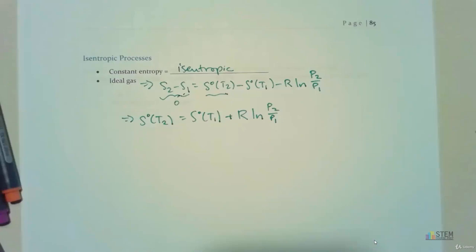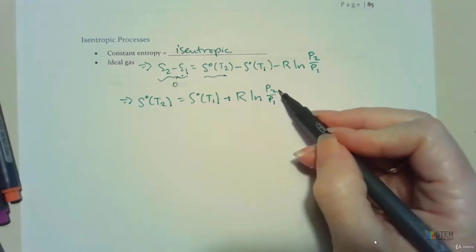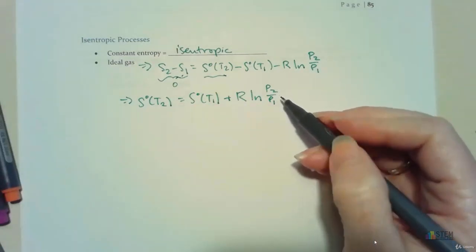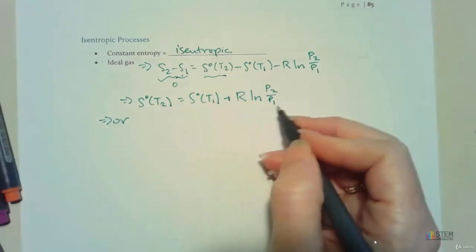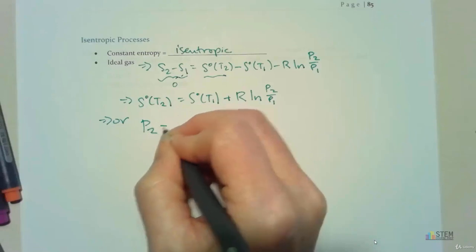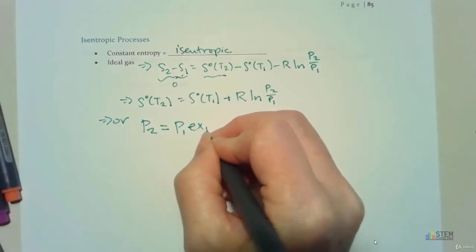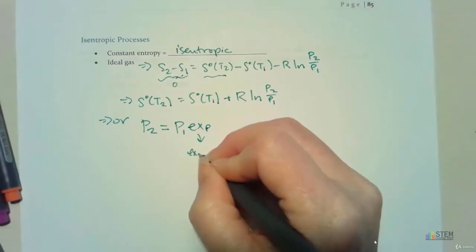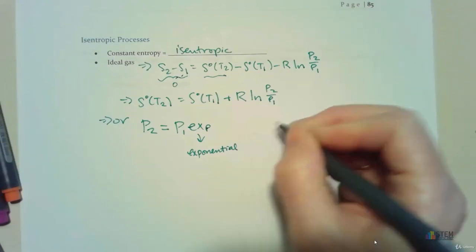Now, what we're going to do is I want to solve for P2. Okay, so if I want to solve for P2, we could essentially rewrite this expression and say P2 equals P1 times the exponential, so this is like e to the x, except we're not going to have an exponent of x.